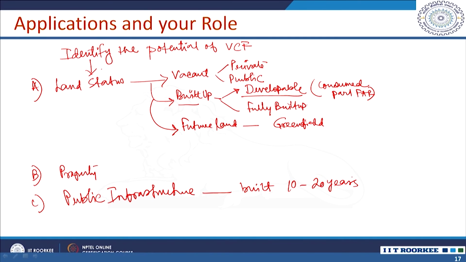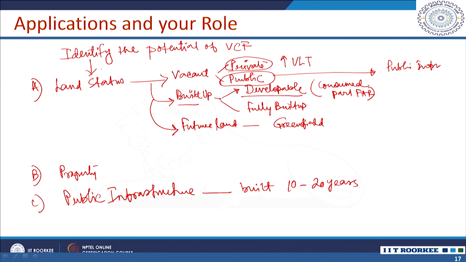Based on these, from the land status, if it is private land not built, definitely you can use a vacant land tax. The private land which is vacant you can use for construction of public infrastructure.